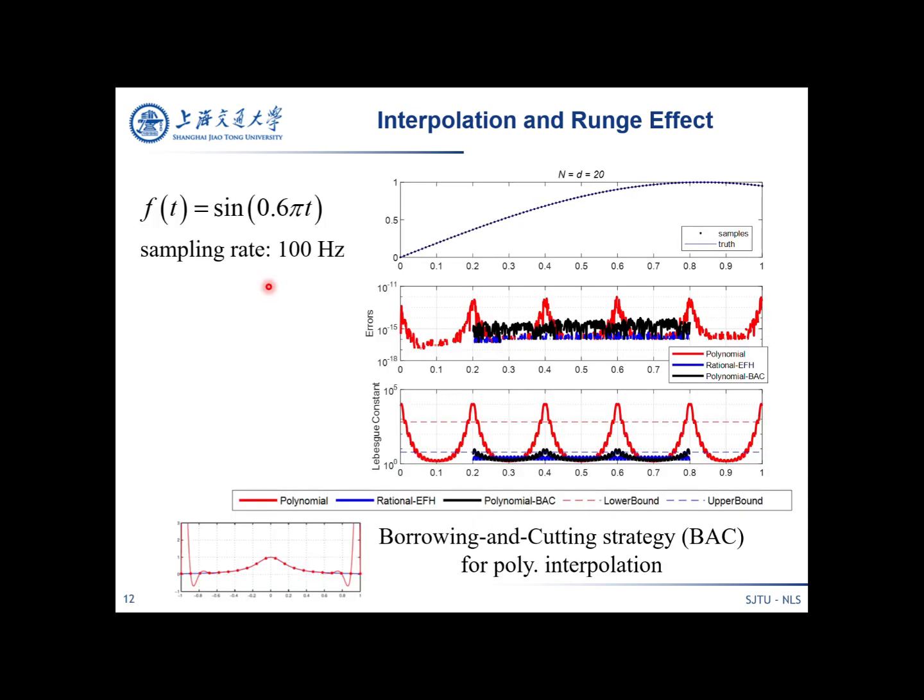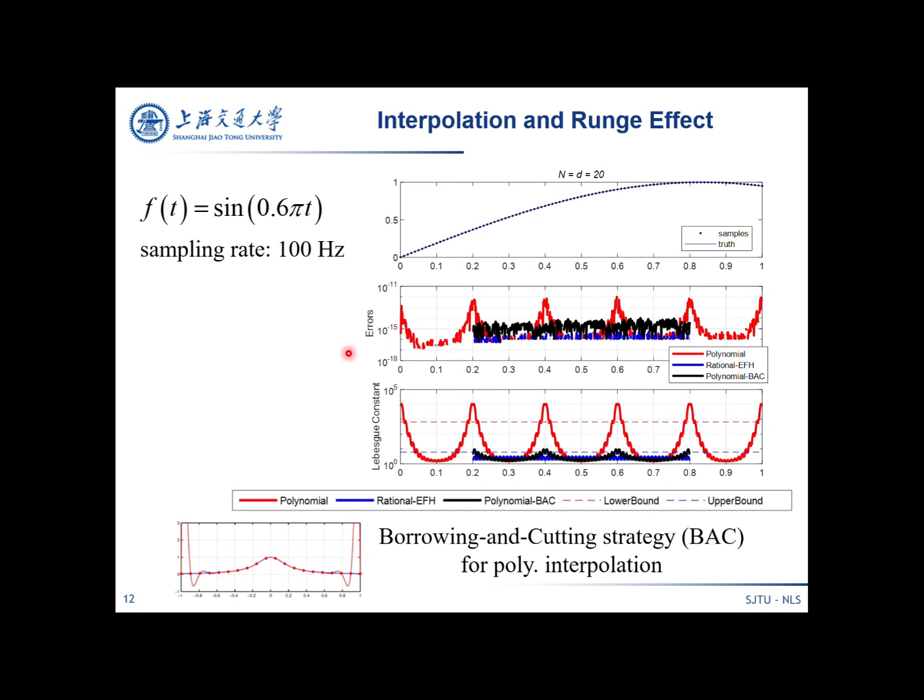This is an interpolation example of a sine function for 20 nodes. The sine function is sampled at 100 Hz, and thus an interpolation window has a duration of 0.2 seconds. The bottom row presents the Lebesgue constants, and the middle row plots the interpolation error.